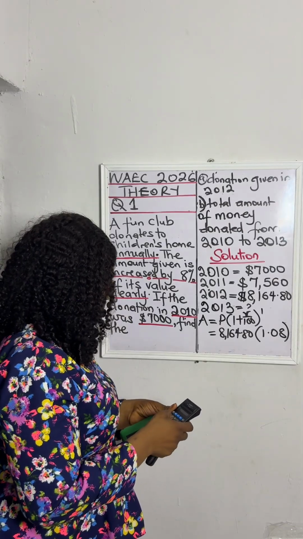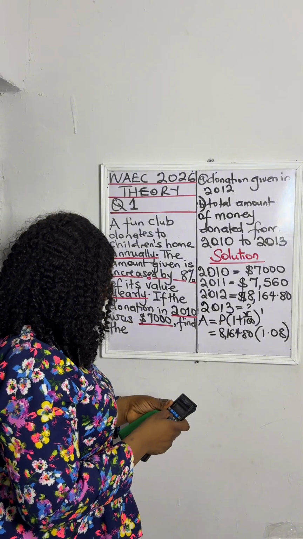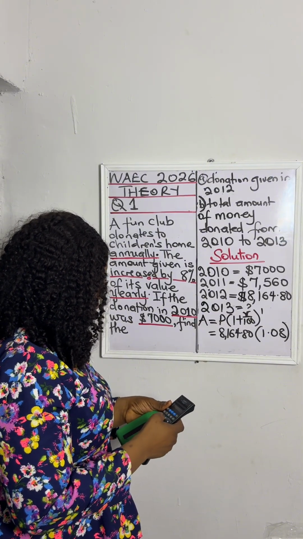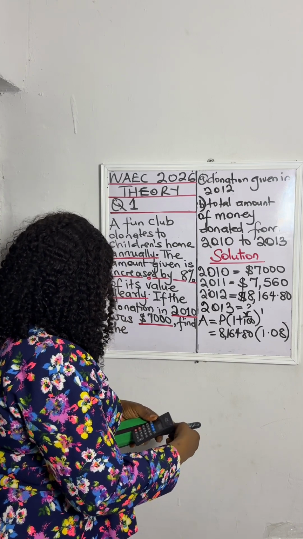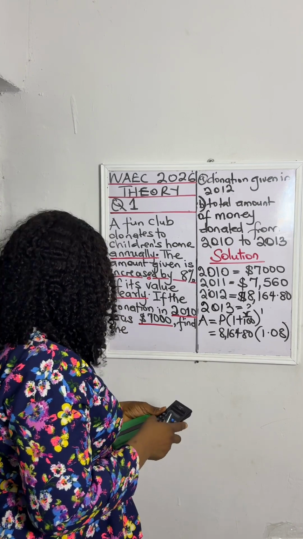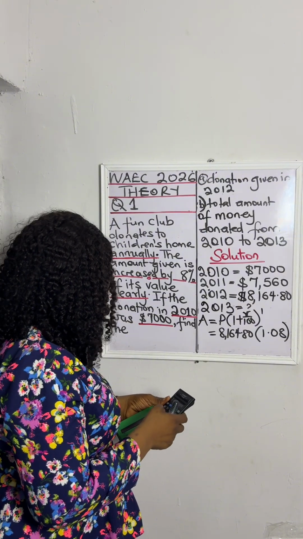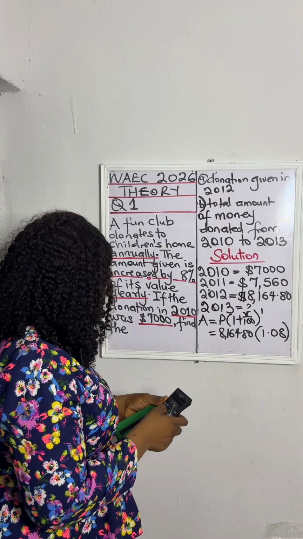Let's punch our calculator to see what that will amount to. So we have $8,164.80 times 1.08. Wow, we have $8,817. Let's do that again. 8164.80 times 1.08.